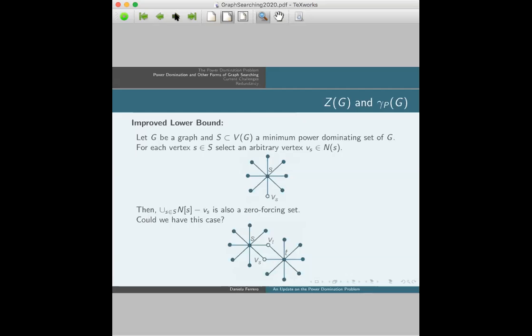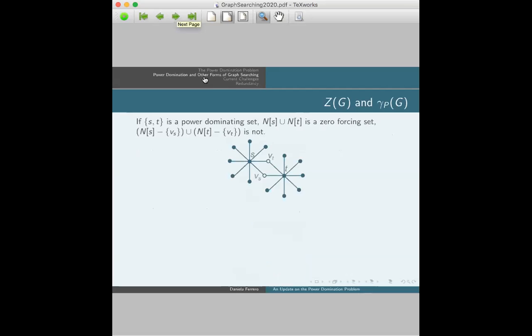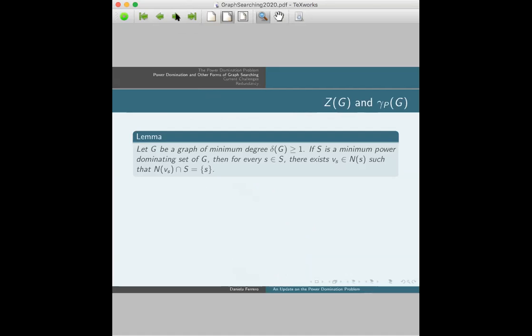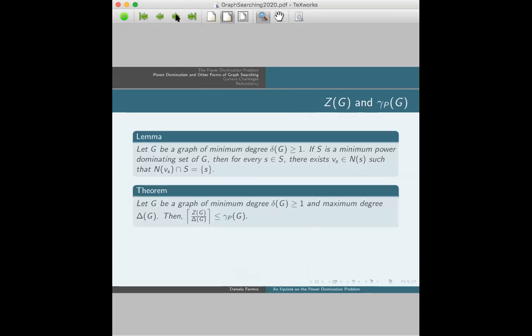So the idea is that we show that this cannot happen in a minimum power dominating set, because every vertex in a minimum power dominating set has to have an external private neighbor. Therefore, there is one vertex that you can safely remove. So with that, we were able to prove this bound.